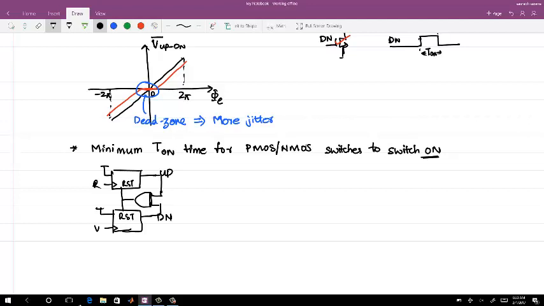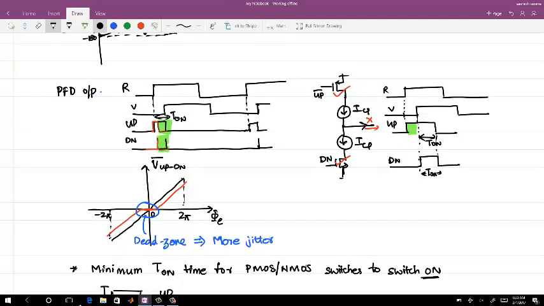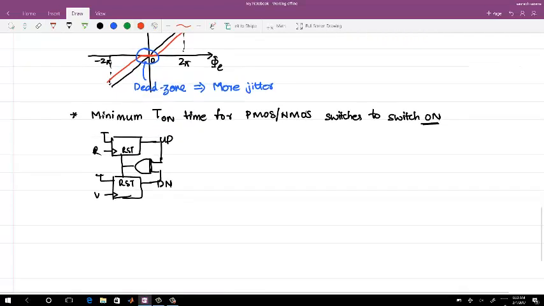Now in this particular block, what can you do to delay the reset for both? Look here: as soon as your V pulse comes, earlier we were resetting at the very instant, in an ideal fashion. Now I want to delay the reset. What can I do? This is effectively an increased delay for the reset to get activated. That can be done by just adding a delay in this path.